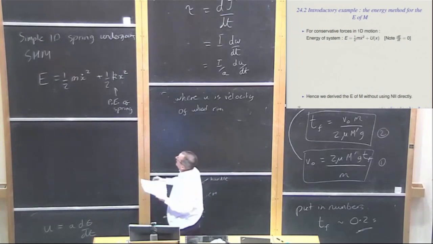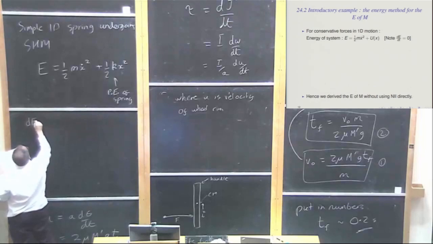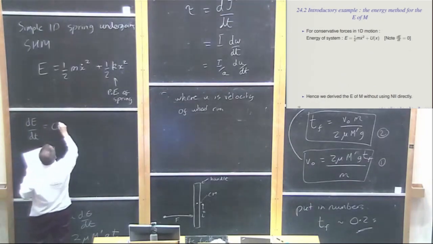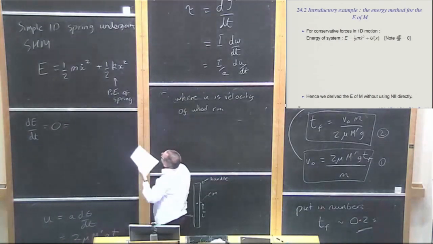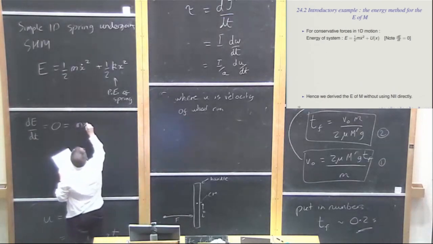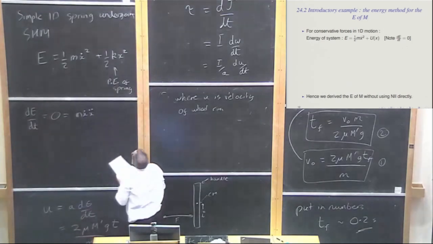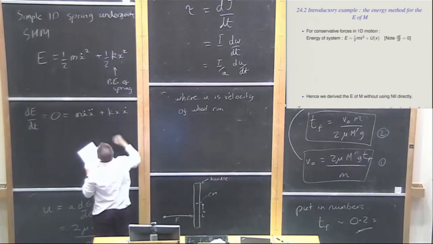So let us again differentiate this with respect to time. So dE by dt, which is the left-hand side, will be 0 because it's conserved. So we end up with once more m x dot x double dot, and differentiating this we get plus k x x dot.